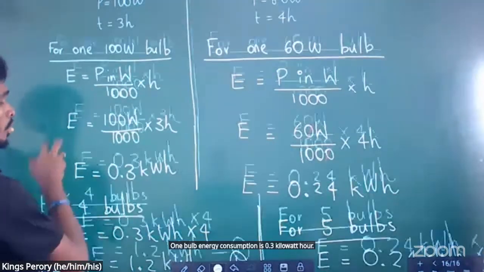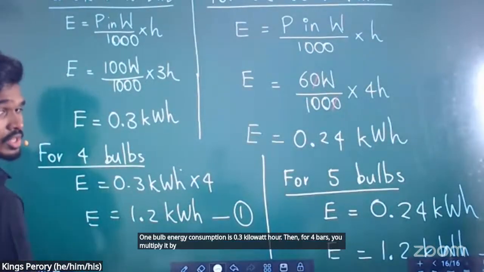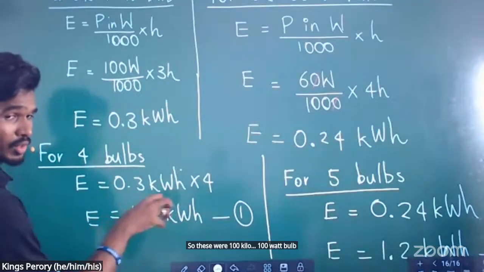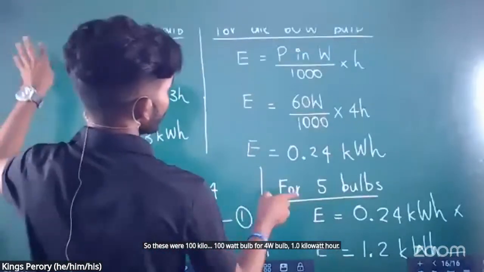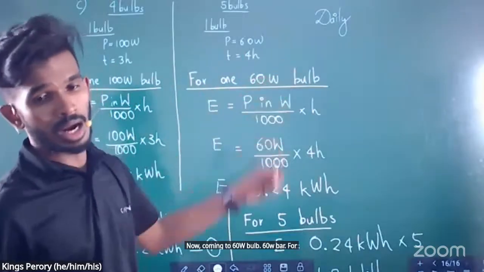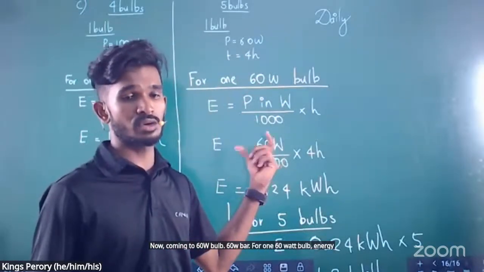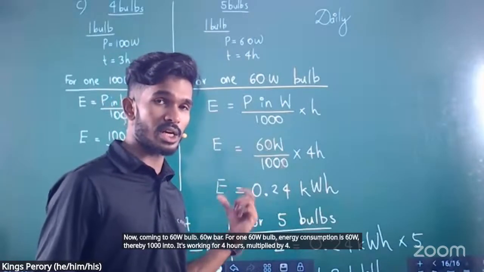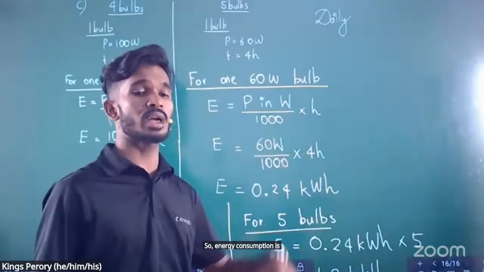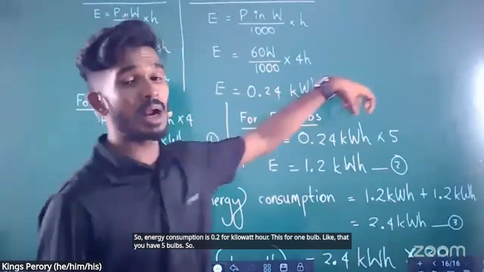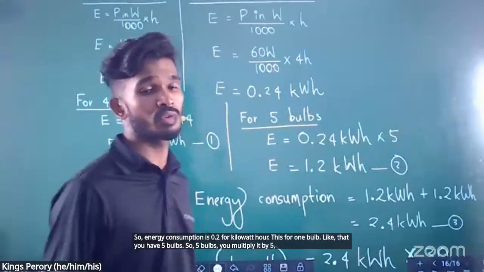Then for 4 bulbs, you multiply it by 4, which is 1.2 kilowatt hour. Now coming to the 60 watt bulb. For one 60 watt bulb, energy consumption is 60 watt divided by 1000 multiplied by 4 hours, so 0.24 kilowatt hour. This is for one bulb. You have 5 bulbs, so you multiply it by 5, giving 1.2 kilowatt hour.